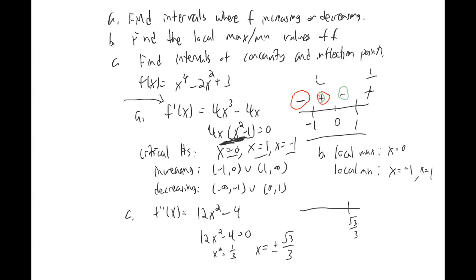√3 over 3, negative √3 over 3. So take a number before negative √3 over 3. Negative √3 over 3 is bigger than -1. So plug in -5 if you like. If you plug in -5 to this thing, is it positive or negative?